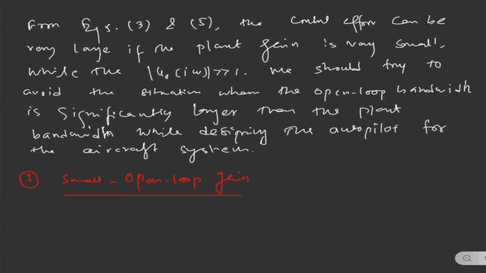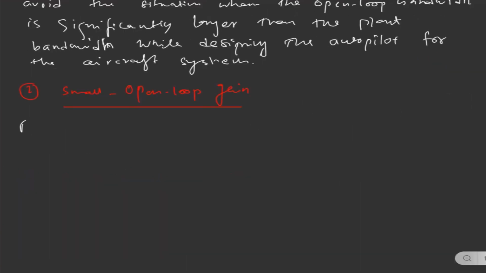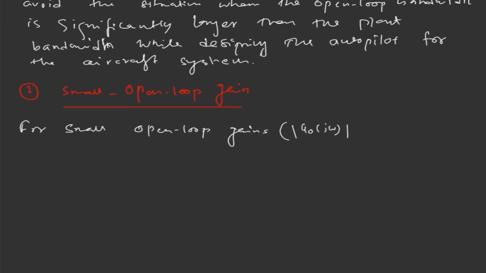So we can write, for small open loop gains, G0(jω) should be very, very small.